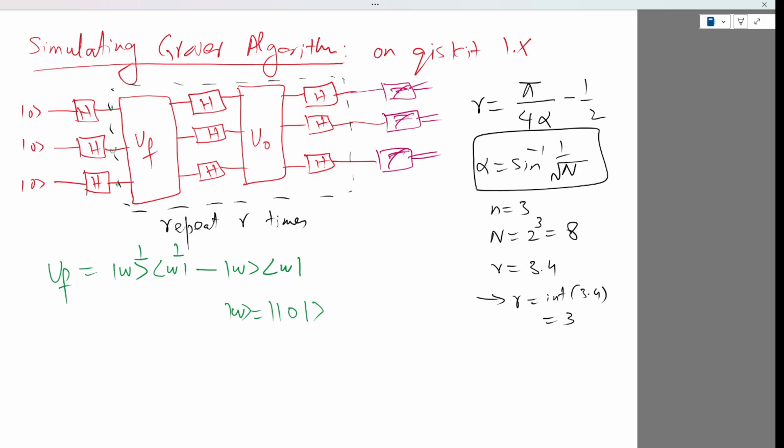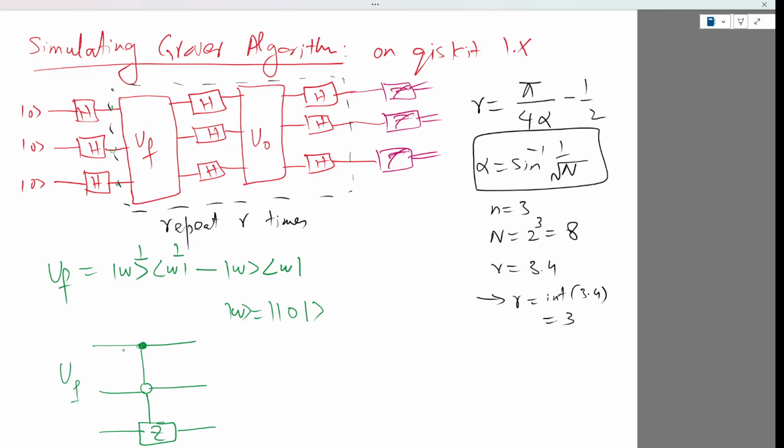So we can easily implement such an oracle like this. So the UF circuit can be like this, and then I can have a Z gate here. So this is like a multi-control Z gate.